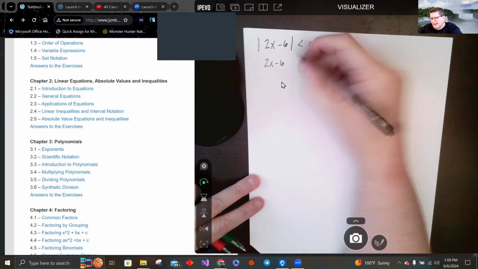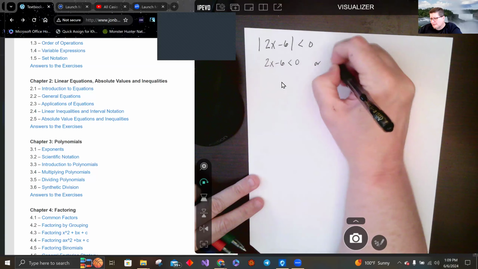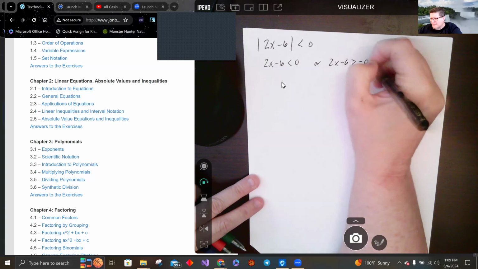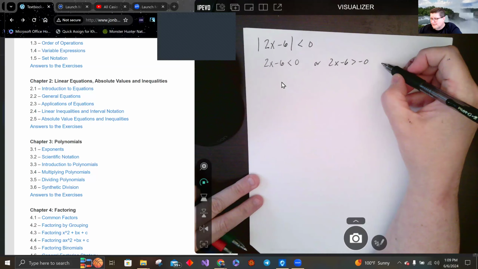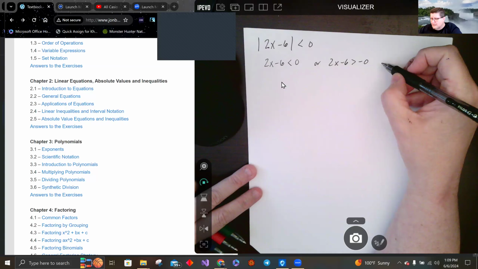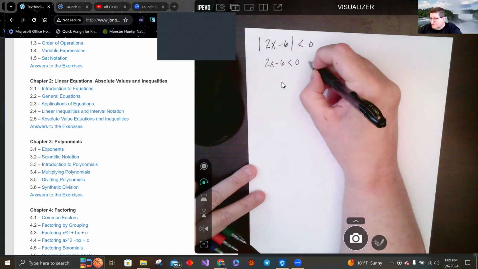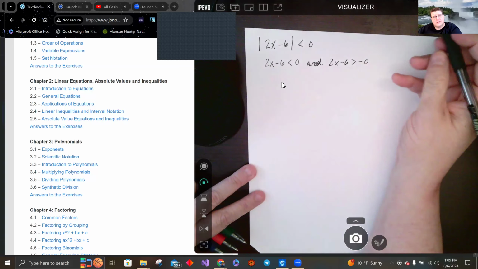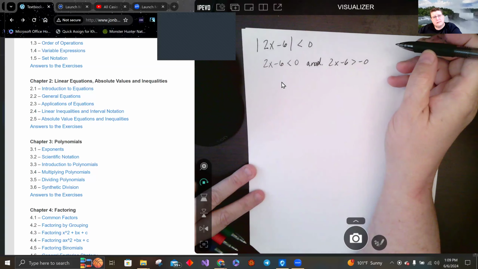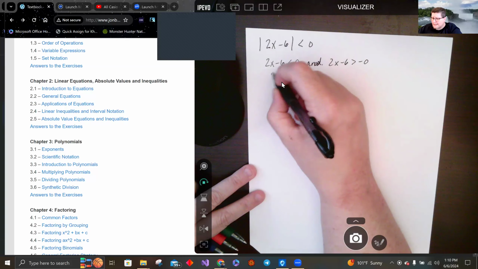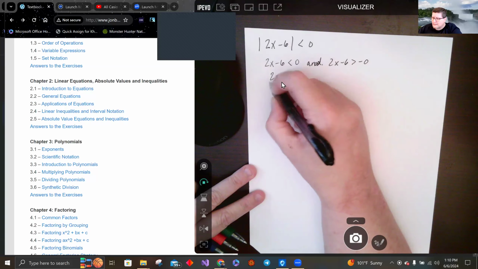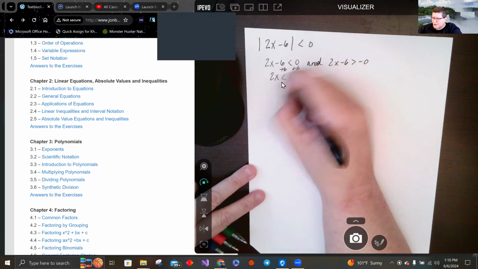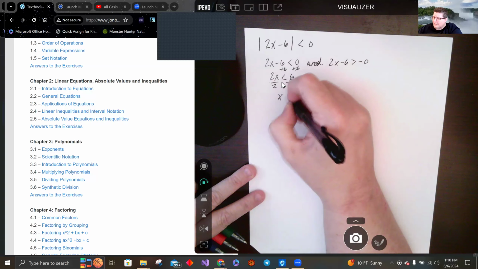You try to keep it the same and do the opposite. It doesn't make much sense. And this should be an and because it makes a sandwich. So I have 2x is less than 6. Divide by 2 and I get x is less than 3.